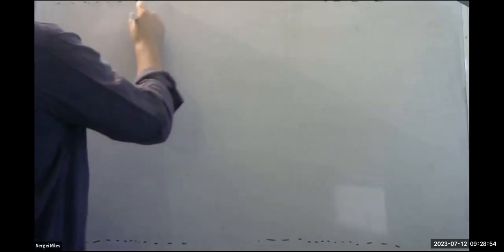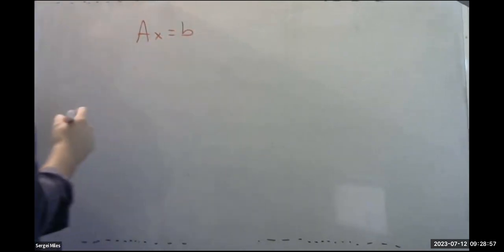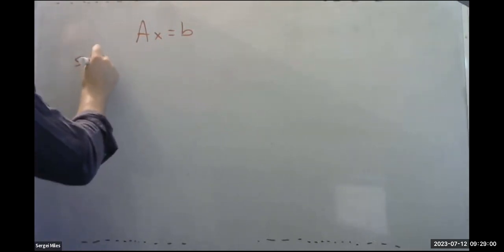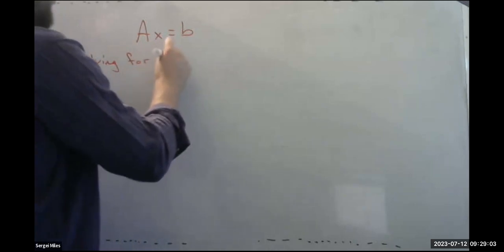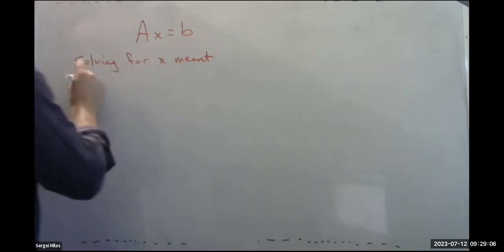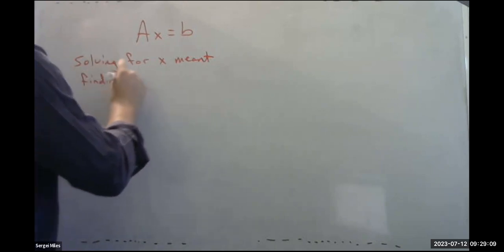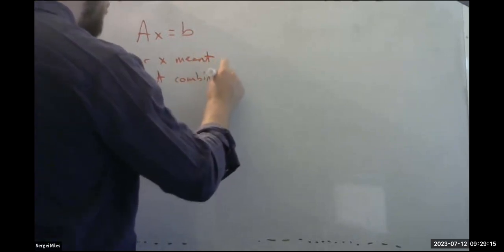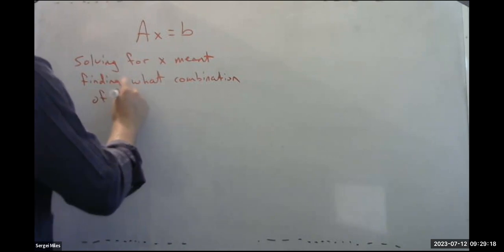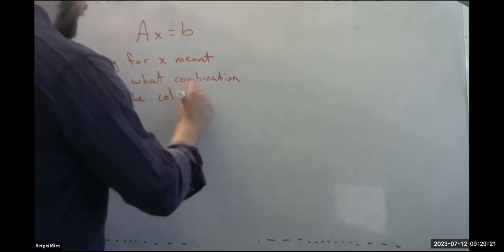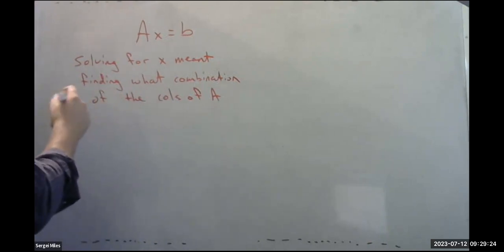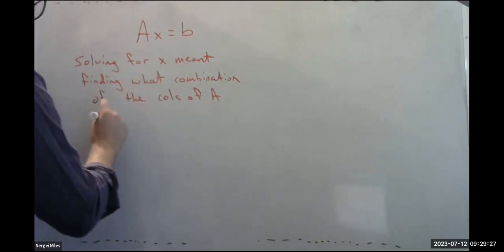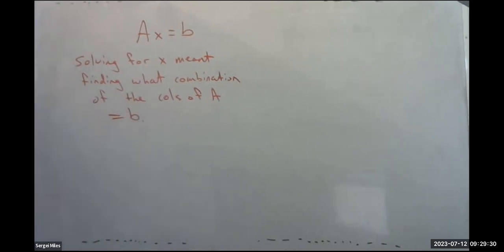Before, when we were talking about the matrix equation Ax = b, solving for x meant finding what combination of the columns of A equals b, right? And that's still true. Solving for x still means this.